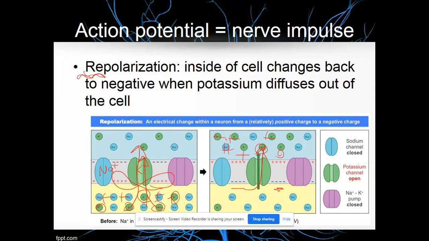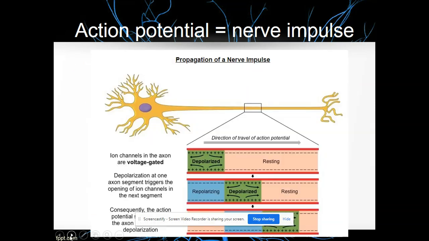What's kind of amazing is that the sodium-potassium pump is working to continue to push the sodium and the potassium back to the original sides. And so we don't have a complete depolarization of the whole cell and then a complete repolarization of the whole cell.